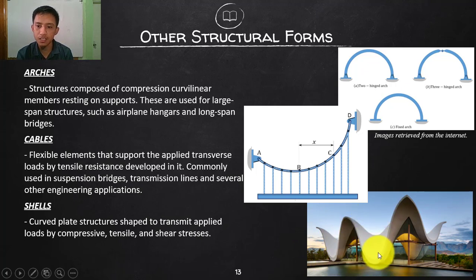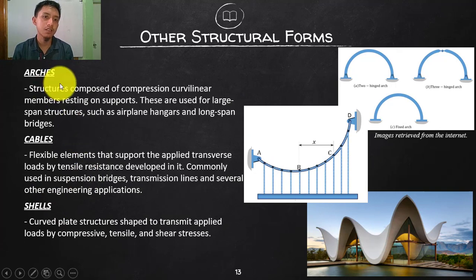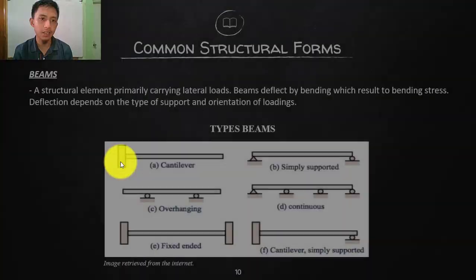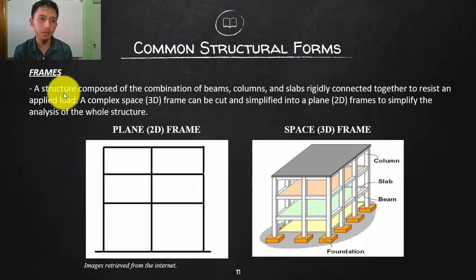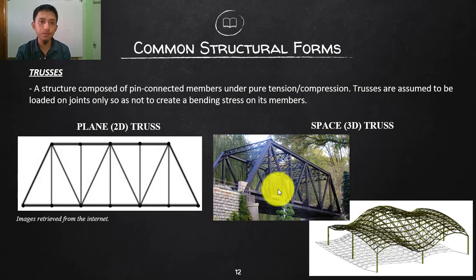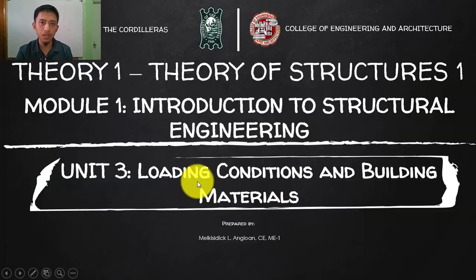Maybe in this place, it might be having a large wind load, so you might be creating a curvilinear structure so that it will not trap the entire pressure of the wind. So there are purposes of each of these structural forms. The commonly used, especially on buildings, are the beams, frames, and trusses, not just buildings but other types of structures, just like bridges. So those are the structural forms.